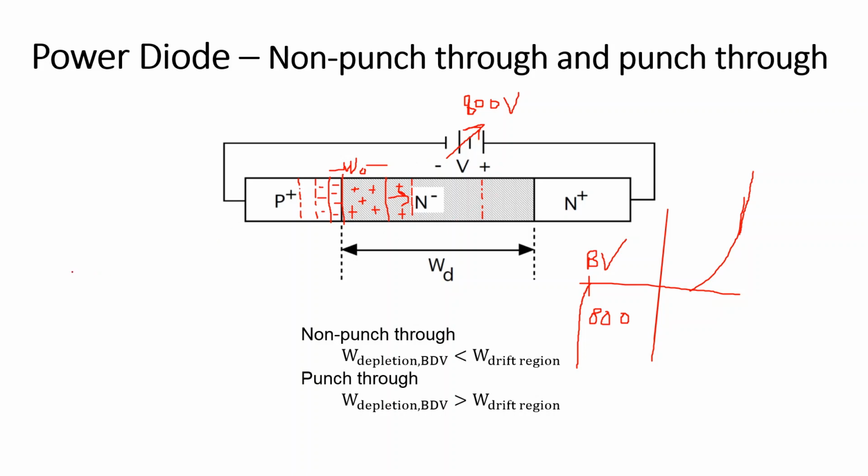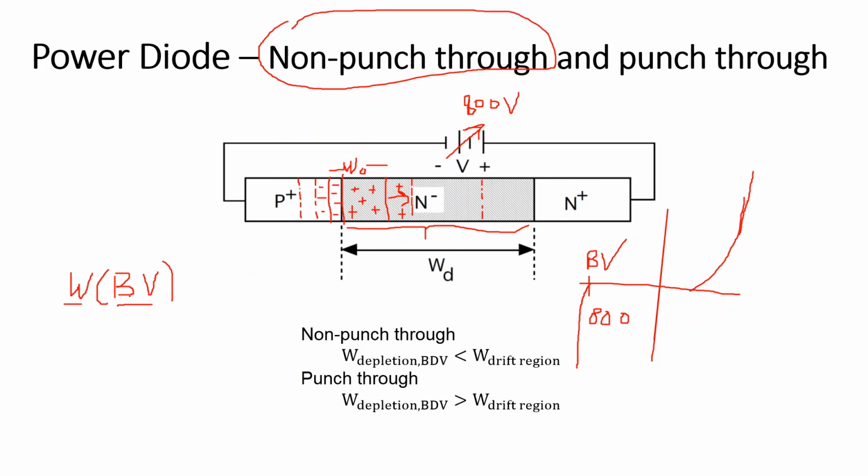So the width of the depletion region at the breakdown voltage is the largest, because after that the device will break down. So if the width of the depletion region at the breakdown voltage remains inside this region as seen with this example, then this is known as non-punch through diode.